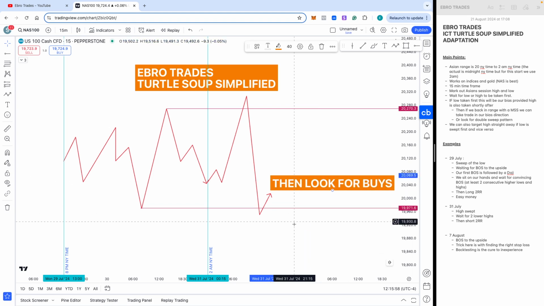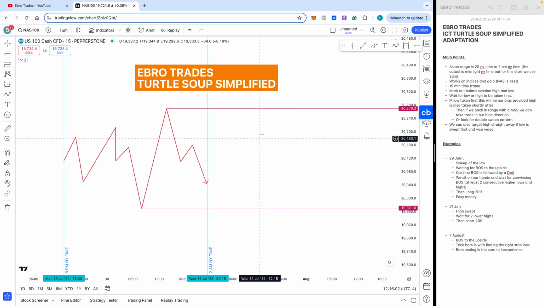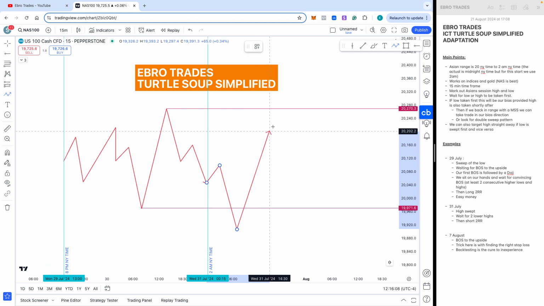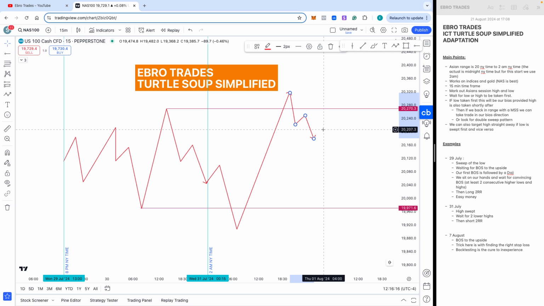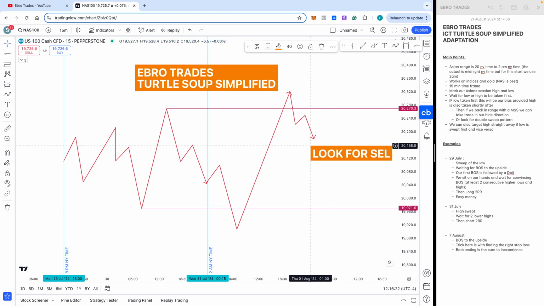I hope that's clear. Now, vice versa is also applicable. If the low is swept first, we wait for the high to be swept as well before then looking for sells. That is the gist of it.